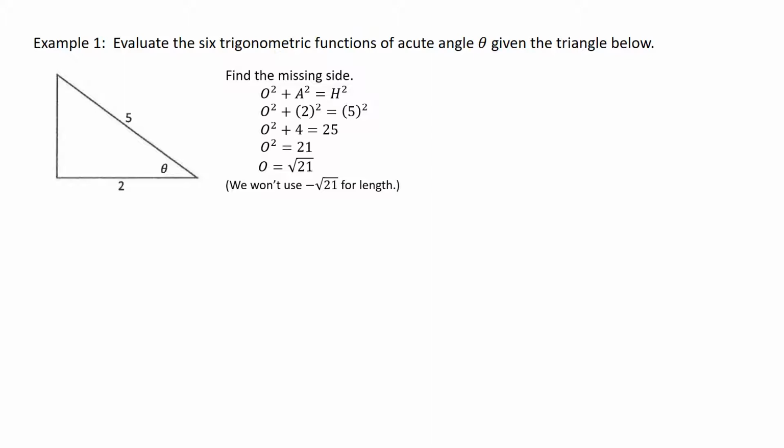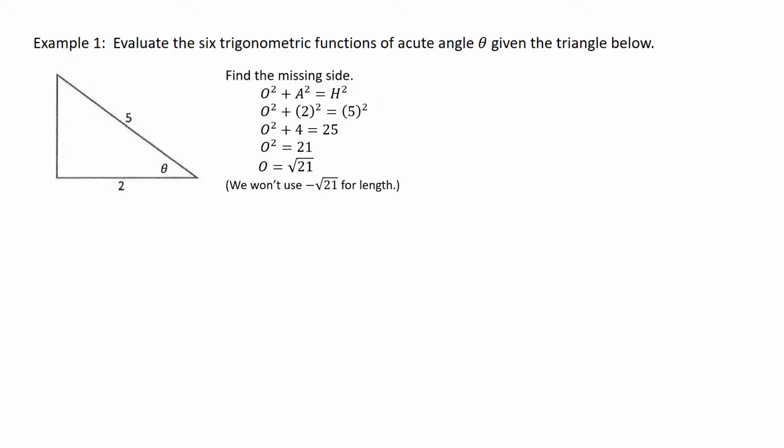So filling in our A being 2 and our H being 5, we have O squared plus 2 squared is 5 squared. So opposite squared plus 4 is 25, gives me O squared is 21.